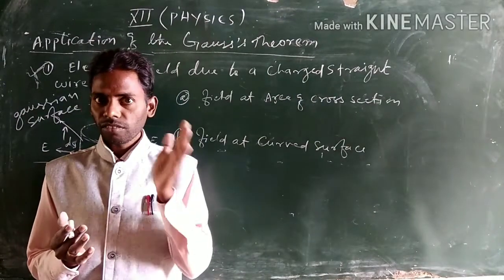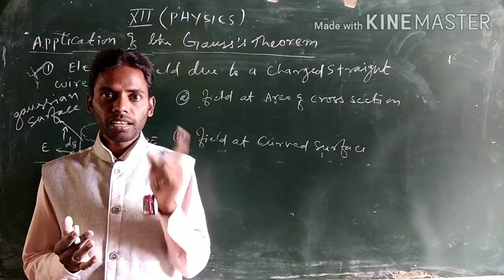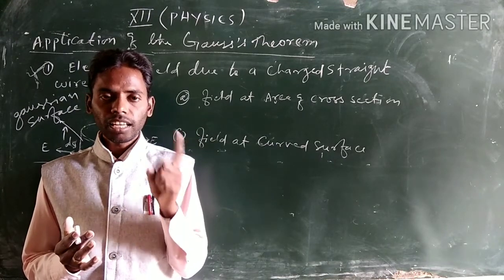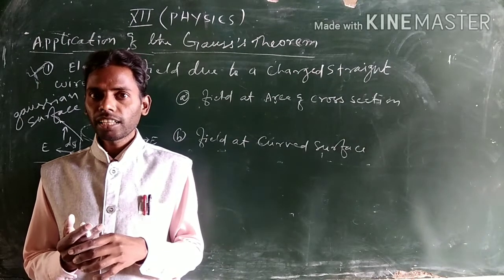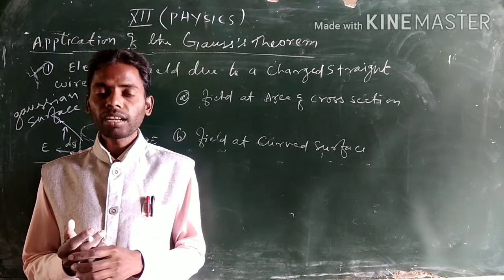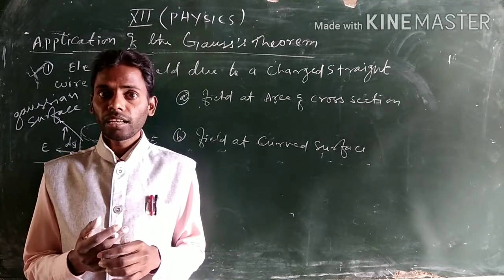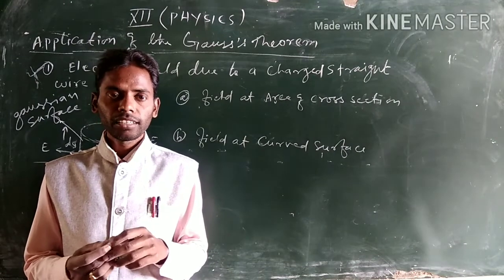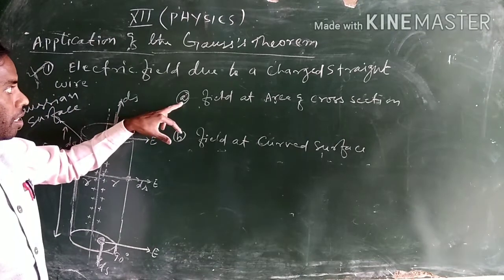Electric flux is obtained when the angle between the electric field and the area of that surface is 0 or 180 degrees. For those cases, it will give the electric flux. That's why there are two cases.